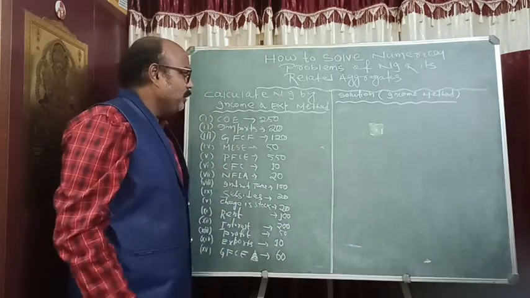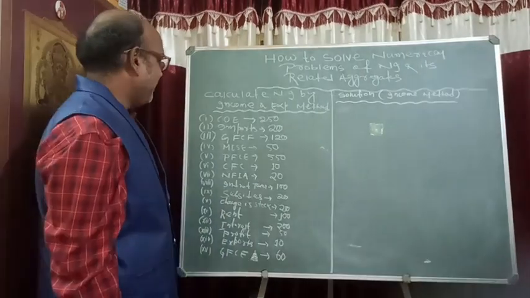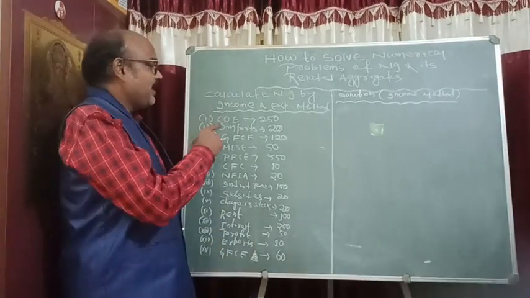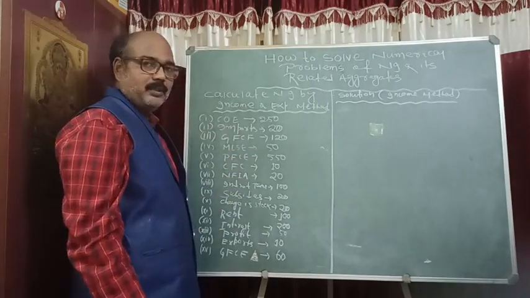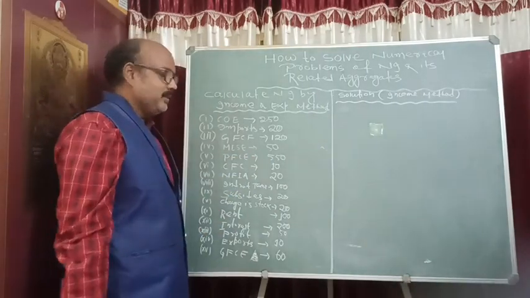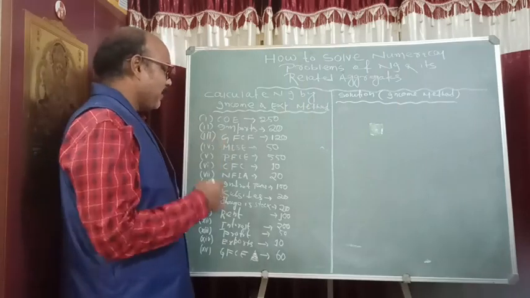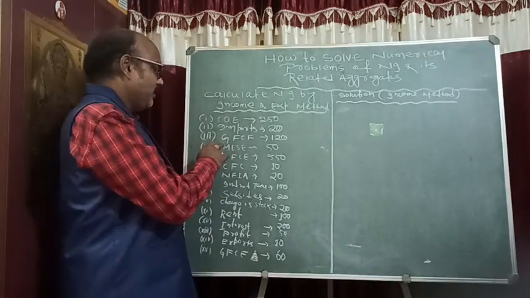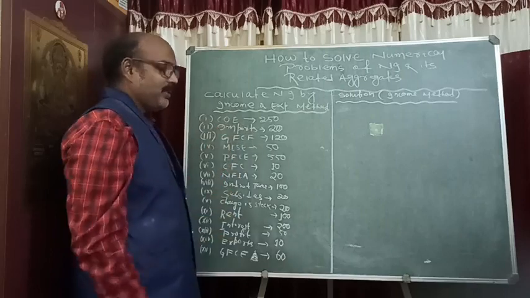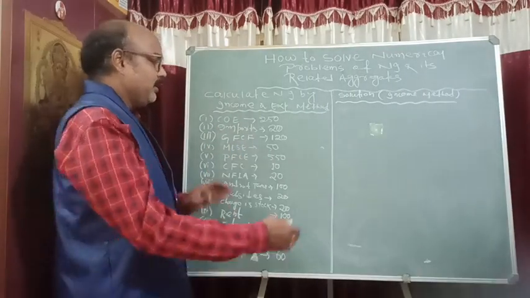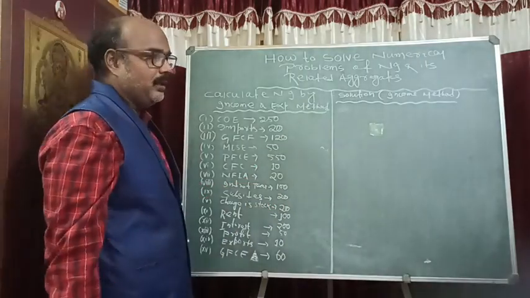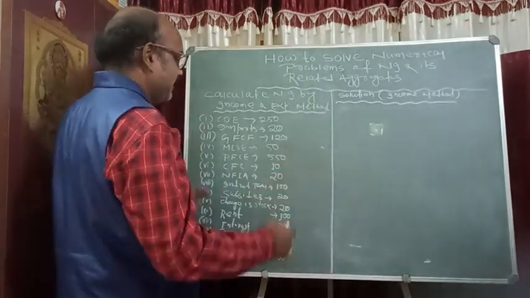So this is one numerical problem given: calculate national income by income and expenditure method. These are the items given: compensation of employee, import, gross fixed capital formation. I have written the short form because the blackboard is very narrow.